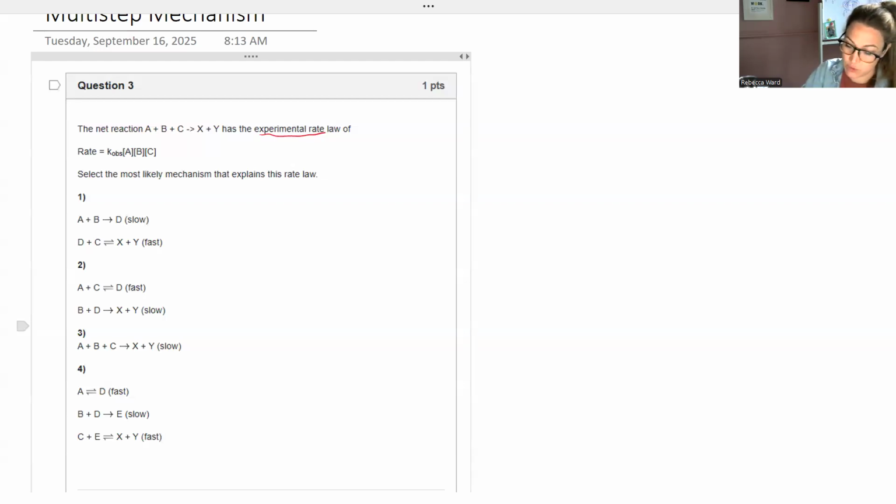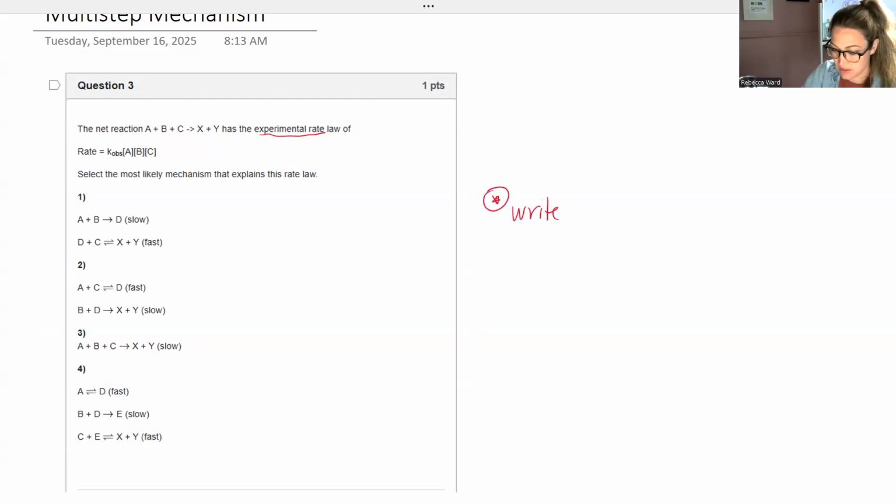We have two rules when we're writing rate laws for multi-step mechanisms. The first and the most important, I think, is to write the rate law from the slow step, the rate determining step. In this first case, I've got a slow step to start with and then a fast step.